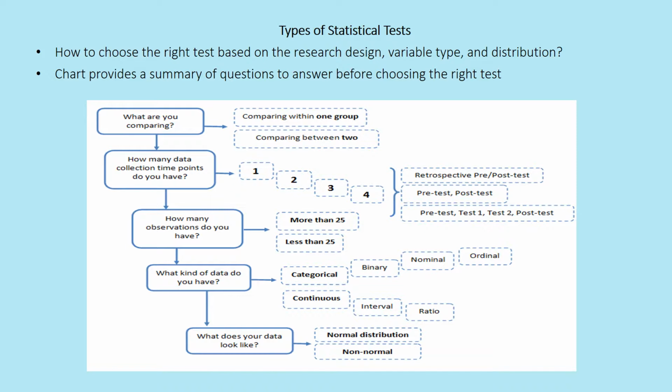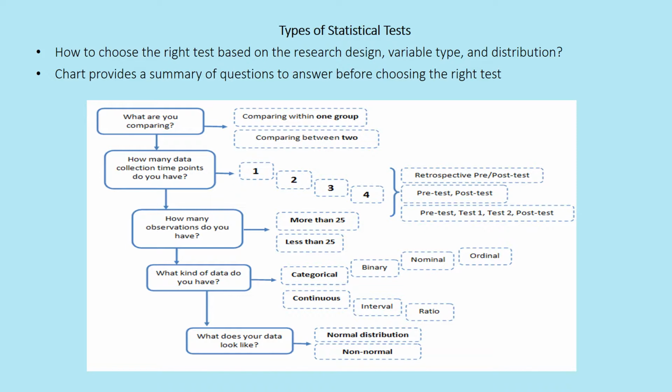Let's walk through this chart. It's going to give us the questions we need to ask ourselves when determining the correct statistical tests to select. In the questions you're going to have on your boards, you have to look at the study design, probability sampling, non-probability sampling, and see what tests you would select.